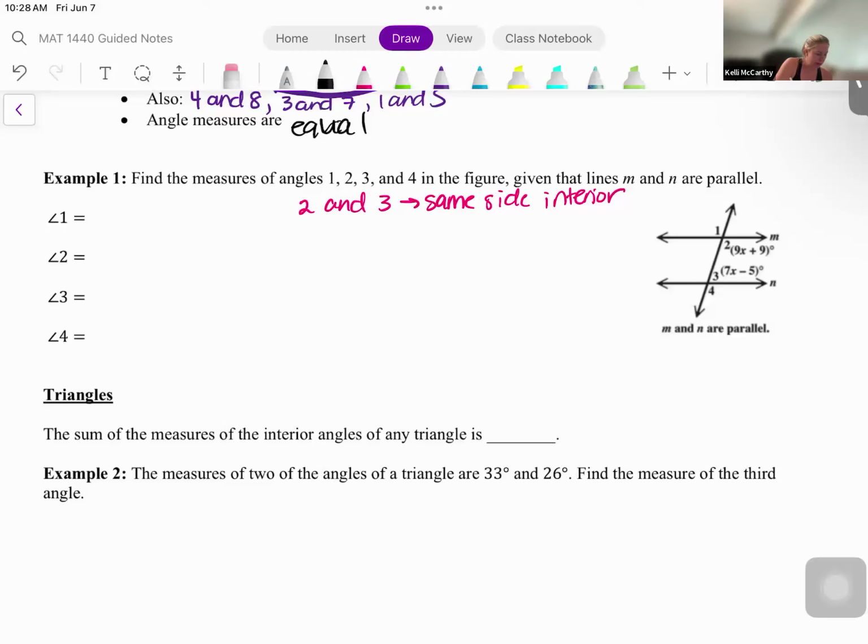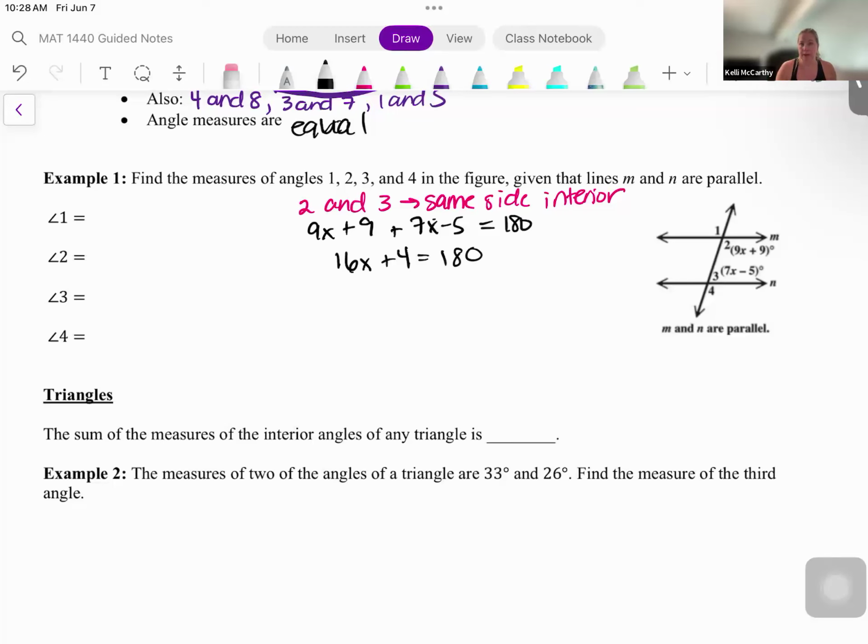So we can solve for x by setting up 9x plus 9 plus 7x minus 5 equals 180 degrees. From here, we're going to combine like terms, simplifying the left-hand side of this equation. 9x plus 7x gives me 16x, and positive 9 minus 5 is positive 4 equals 180.